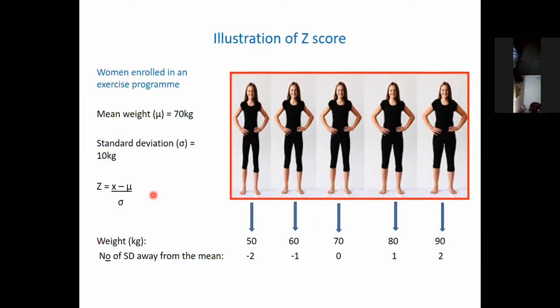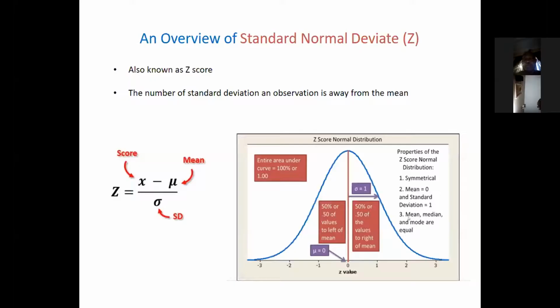Now, instead of talking about their weight, we are talking about how many standard deviations away from the mean. That number of standard deviations away from the mean is called the z-score, Z. And that is what we are looking at. When you plot that standard normal deviate, it is the plot of that particular z-score.